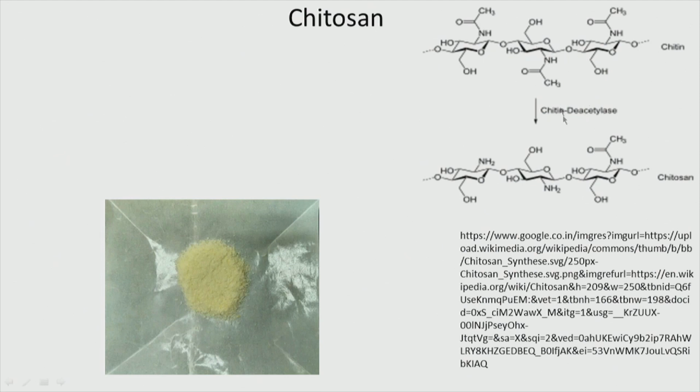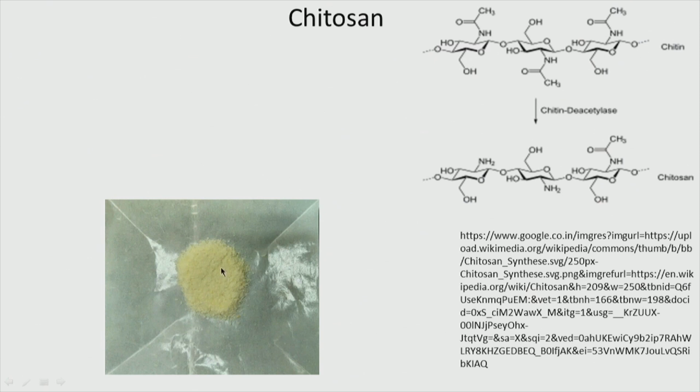You produce chitosan from chitin, that means you remove this acetyl group using a deacetylase enzyme, so you end up having an NH2, okay. So this is water soluble, and depending upon the degree of deacetylation, we can have the solubility very high or very low and so on actually, whereas chitin is not soluble.